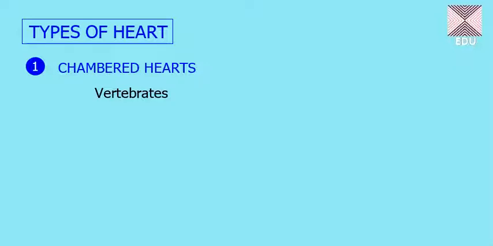Many of the hearts have a partial septum, so we considered them as 2.5, or we are considering it as a 3.5 chambered heart. The sequence of contraction is essentially similar in both the two-sided hearts, which can be 3 or 4 chambered, and the one-sided hearts.